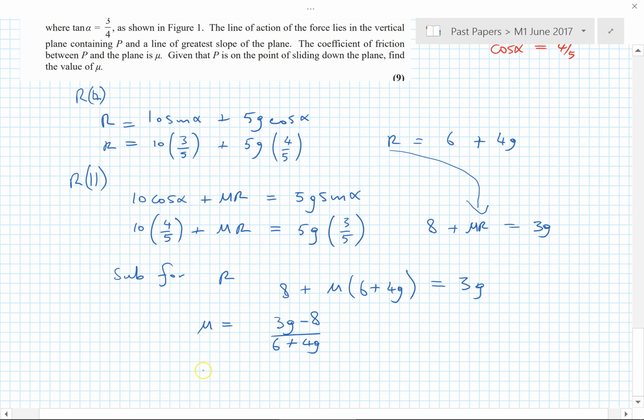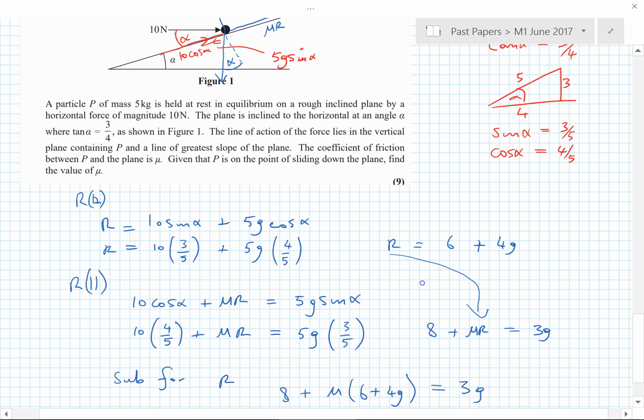Now they should accept exact answers, but they don't always, so we better work this out, and that equals, to two significant figures I'm going to give, you can give 2 or 3, 0.47. I'm giving 2 because of the use of g, although 0.473 is also fine. Okay, so that's question 4 done.